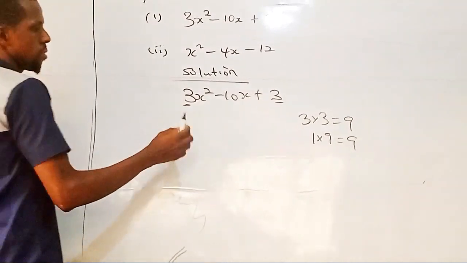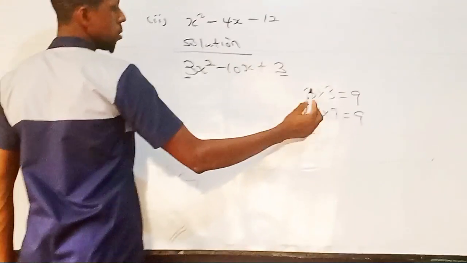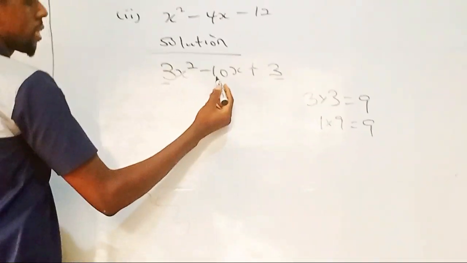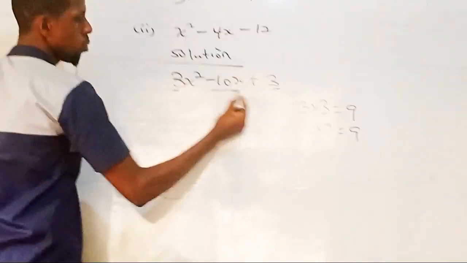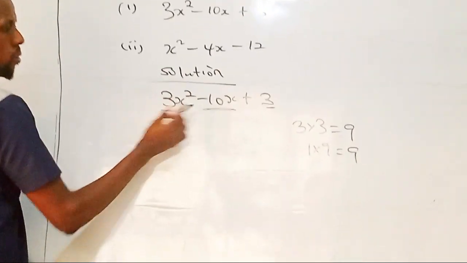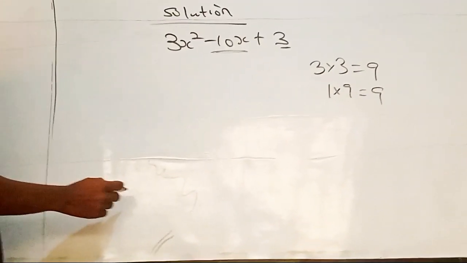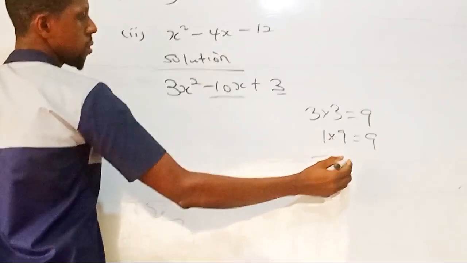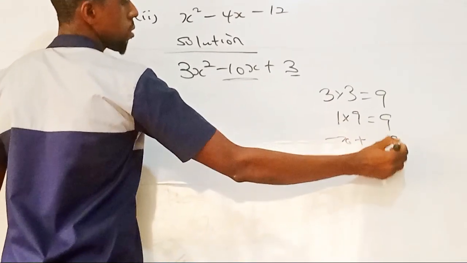Now, the idea behind this is to find which of these you can pair together and add up, looking for the sum that will give you the middle number here, which is minus 10x. So I can say minus x plus minus 9x.